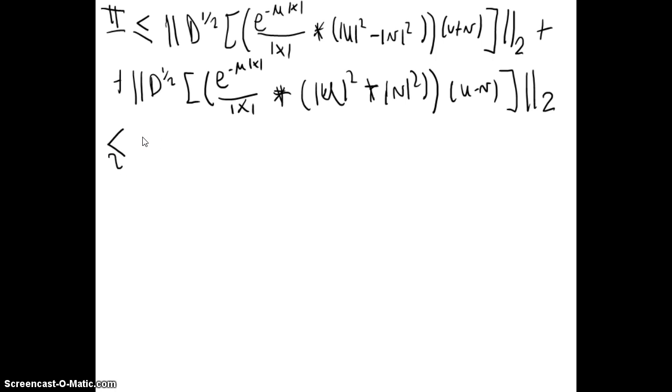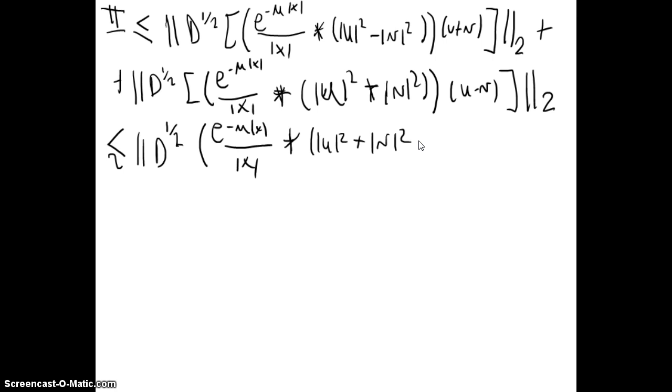It will be less than or equal, within a constant, to D^(1/2) of e^(-mu|x|)|x| convolved with (u squared plus b squared), for u minus b, this is a minus, and this is a plus.